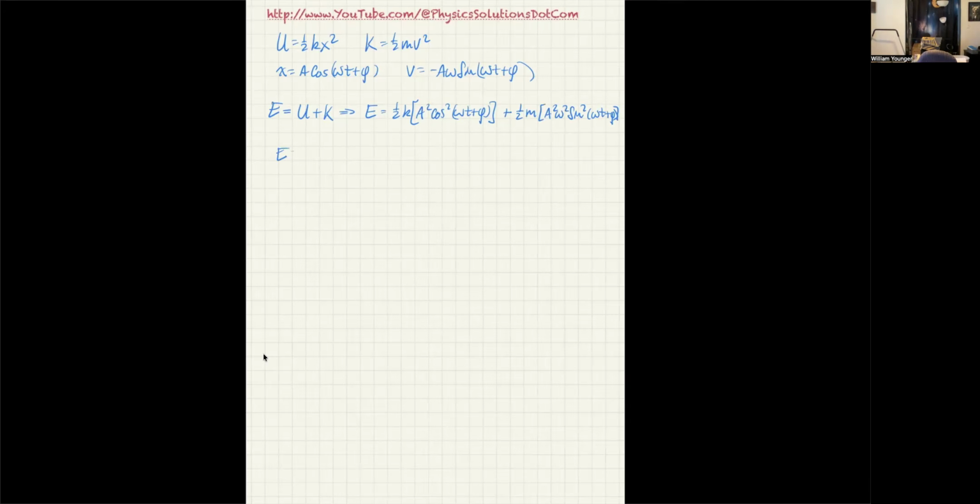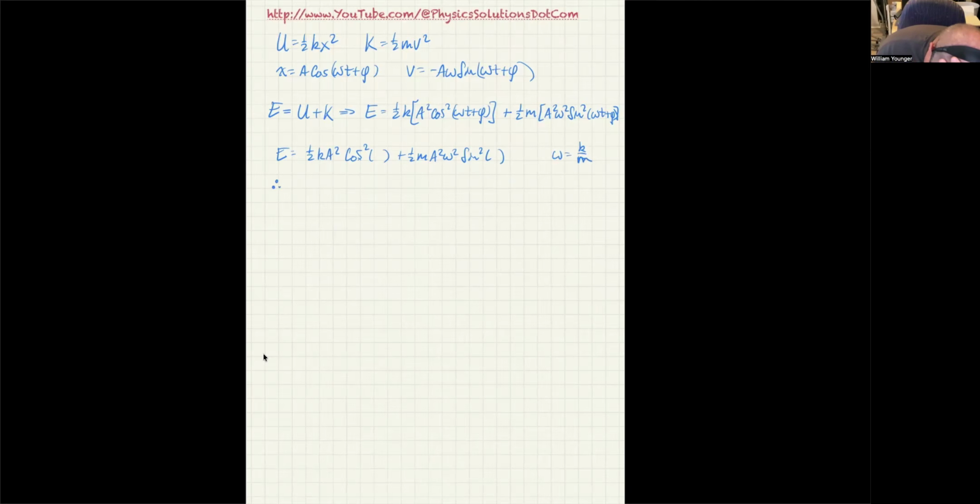So we can see that E is actually equal to 1/2 k A squared cosine squared, and I'm going to leave off the argument there because there's just too much to write, plus 1/2 m A squared omega squared sine squared, again leaving off the argument. The key thing I want you to see is that omega squared is equal to k over m.